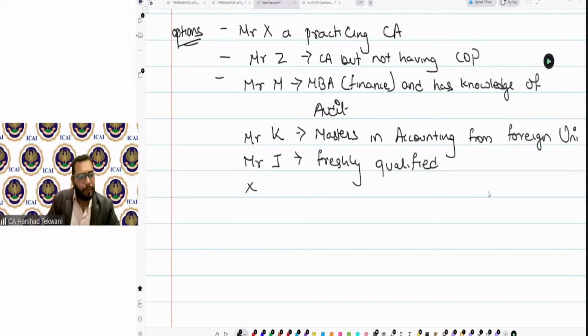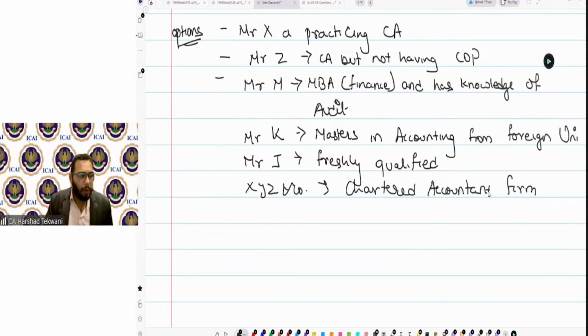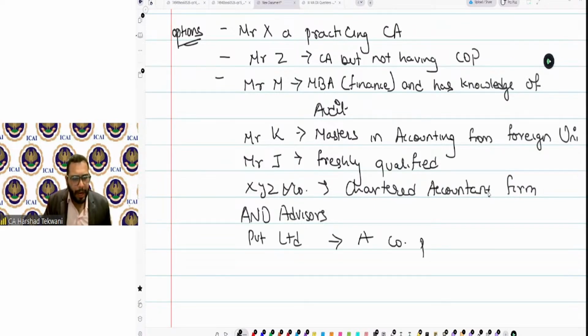Then you have XYZ and Company, Chartered Accountants, a CA firm, and A&D Advisors Private Limited, a company providing internal audit services.